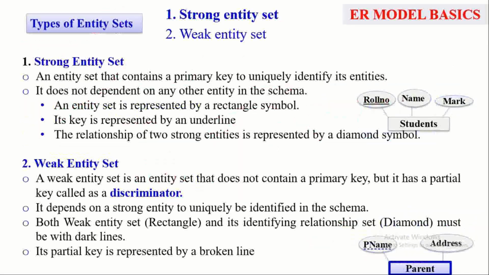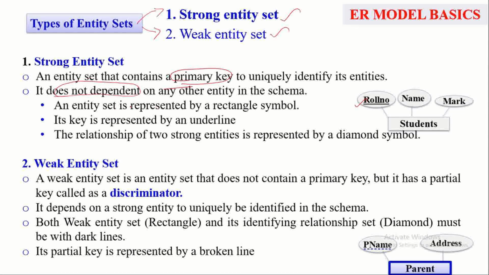Let's now discuss the types of entity sets. We can classify the entity sets into two types: strong entity sets and weak entity sets. A strong entity set contains a primary key to uniquely identify its entities, and a strong entity set does not depend on any other entity in the database schema.